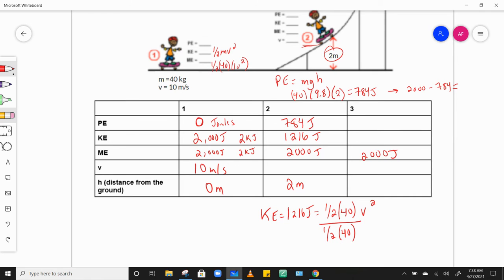So it's 1,216 divided by 20. You get 60.8 equals v squared. So we take the square root of both sides. Square root of 60.8, and you get about 7.8.